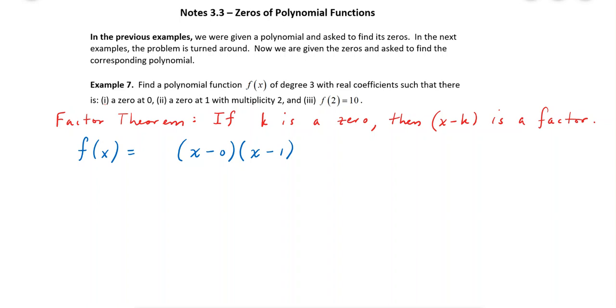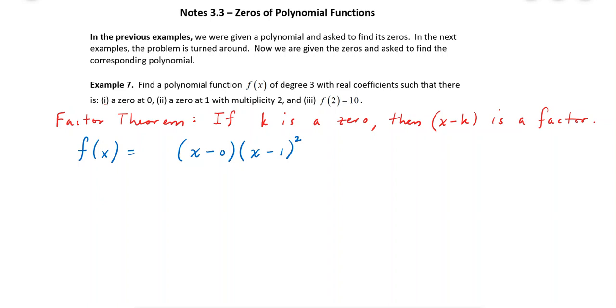And the multiplicity 2 means that the exponent on that factor is 2. And notice when you have x times x squared, that will give us x to the third power for the leading term. That will give us degree 3 that we're supposed to have.